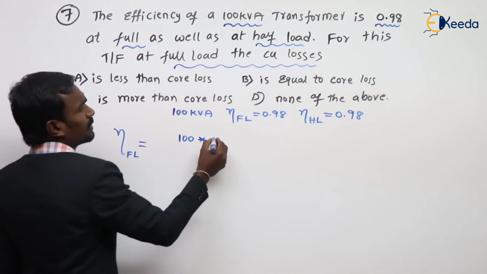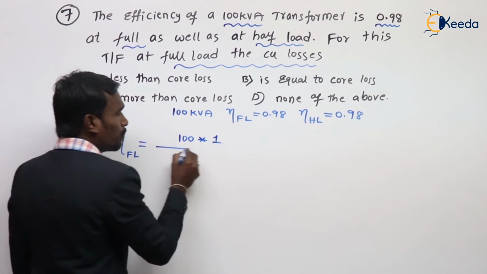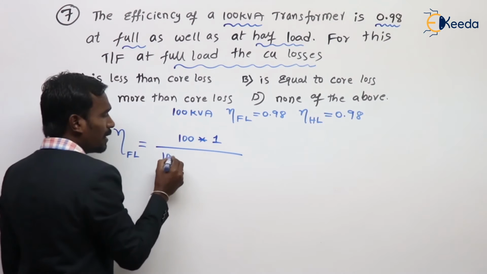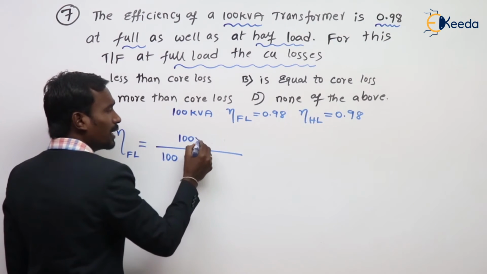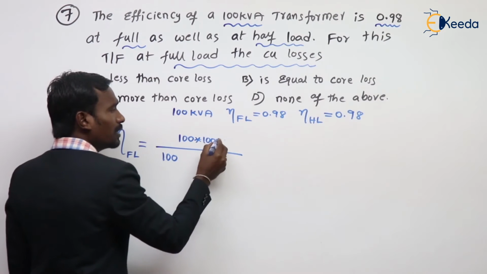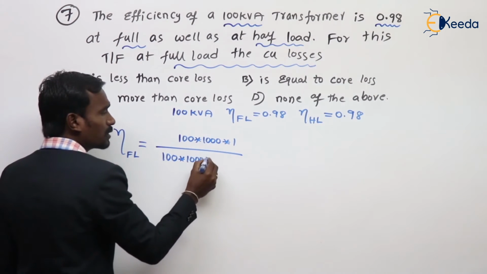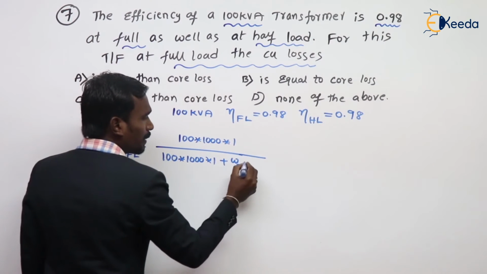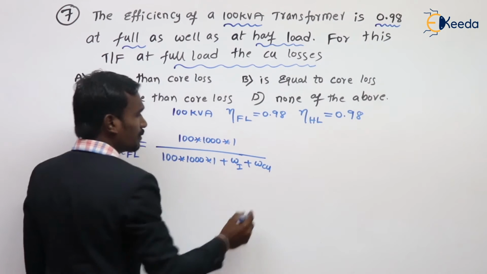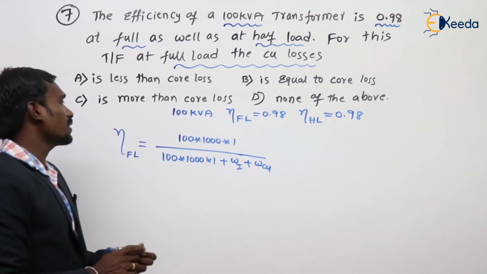What is the power factor? They didn't mention the power factor, so unity. It is kVA into power factor divided by kVA into power factor, or here take 100 into 1000 into power factor, plus iron losses plus copper losses. We don't know the iron losses and copper losses. This is the efficiency at full load.